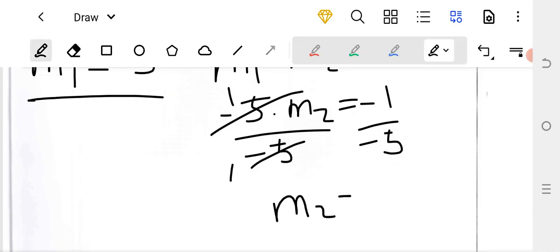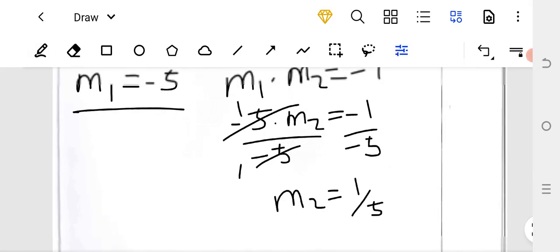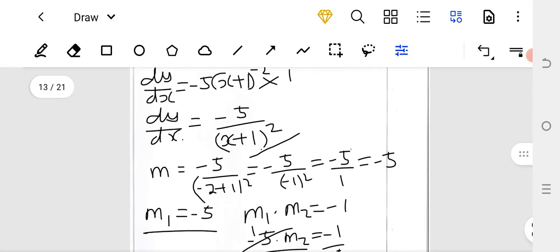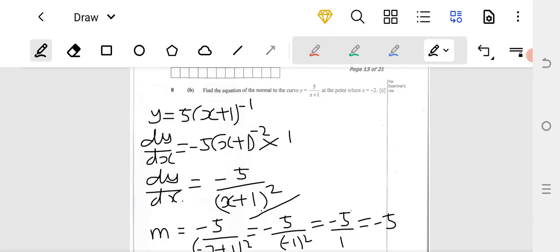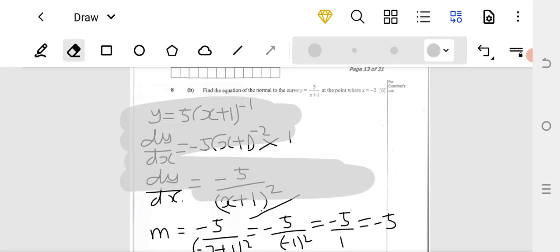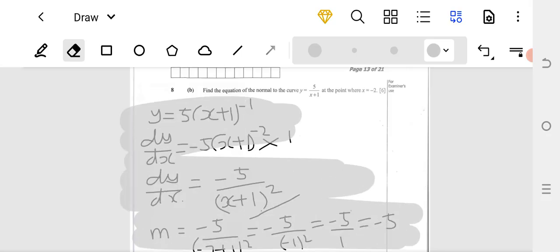So m2 is equal to +1/5. +1/5 is your m2. That's all we need. So we need to know that our m2 is +1/5.